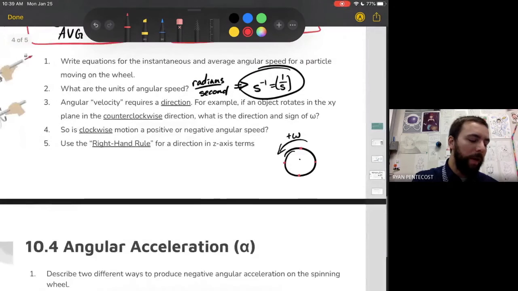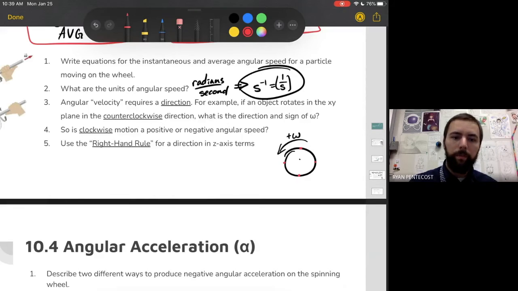Now, number 4 asks, so is clockwise motion positive or negative angular speed? So that would be a negative angular velocity if you're going clockwise, right? So if you go clockwise, your direction is also down instead of up. And this is used using the right-hand rule on number 5. It says use the right-hand rule for direction in z-axis terms.